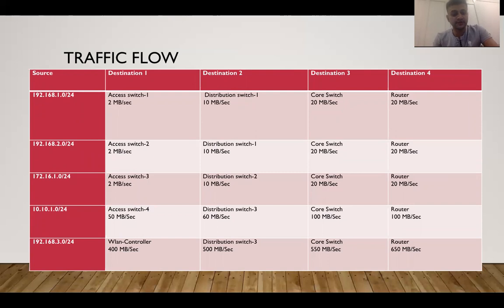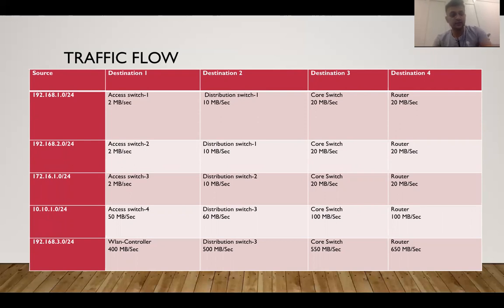So if the data analyst department is a source, its destination 1 will be access switch 4, which has 50 Mbps of data flow. Destination 2 will be distribution switch 3. Destination 3 will be the core switch, and destination 4 will be the router.